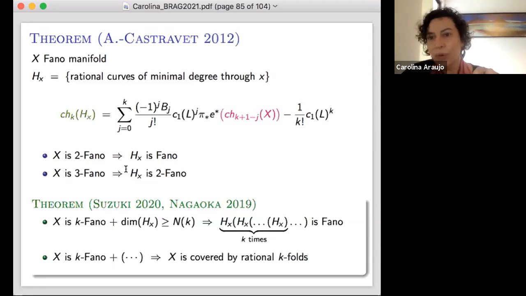So products will not work. We believe, again, this is a conjecture, that all the examples of 2 Fano varieties that are known have Picard rank 1.